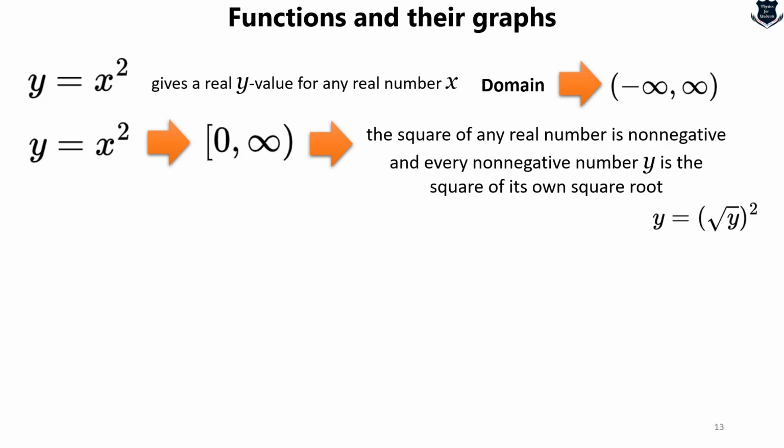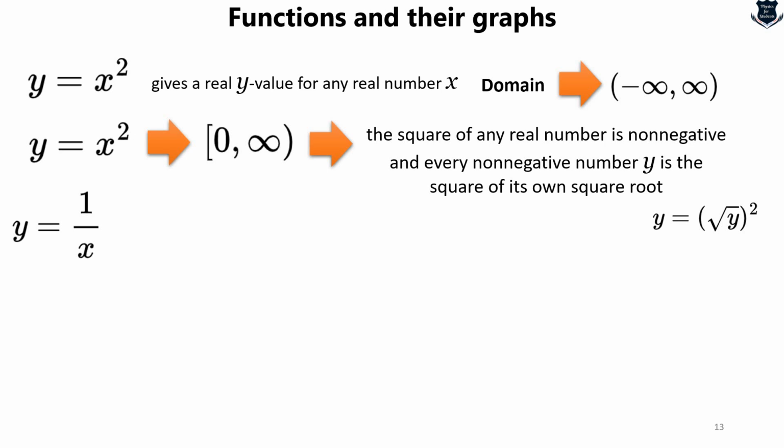So what do I mean by this? I am trying to give you an idea that this gives a real value number. So the domain is minus infinity to plus infinity. The range of y equals x squared is from 0 to infinity, because the square of any real number is non-negative, obviously. And every non-negative number y is the square root of its own square, which is this one.